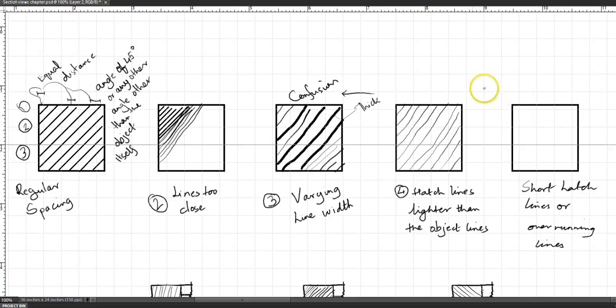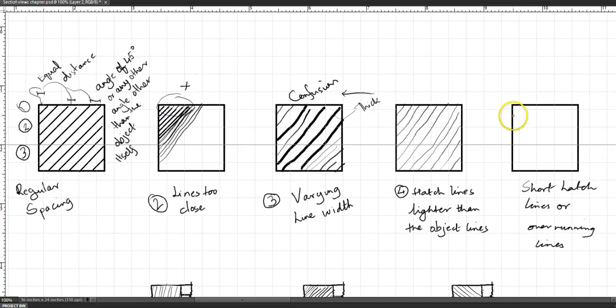Now what that means is, if you look in this example over here, I have lines that are not going all the way to the object. So that is a short hatch line, which is a no-no. You cannot have that. So all these lines need to go all the way up to the object.